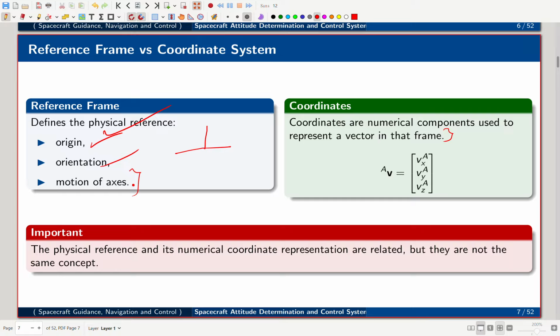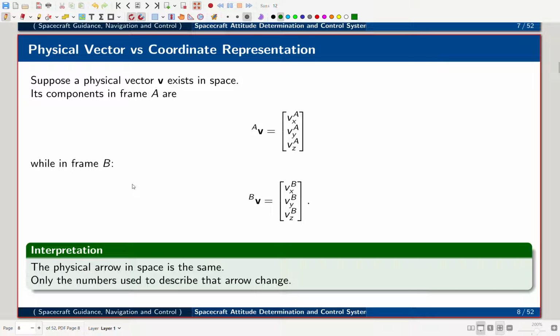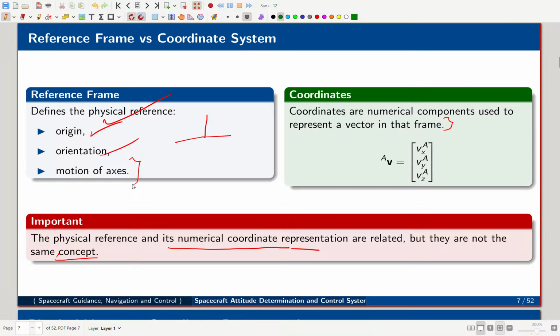The physical reference and its numerical coordinate representation are related, but they are not the same concept. We will understand in detail later as we proceed in this course. Right now, just understand simply: this is the physical quantity we want to measure, and the numerical components are called the coordinates. So these are related but not the same concept.